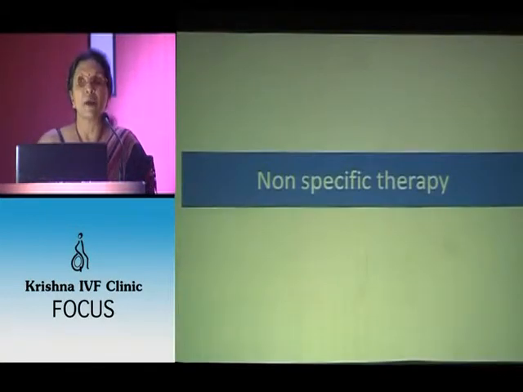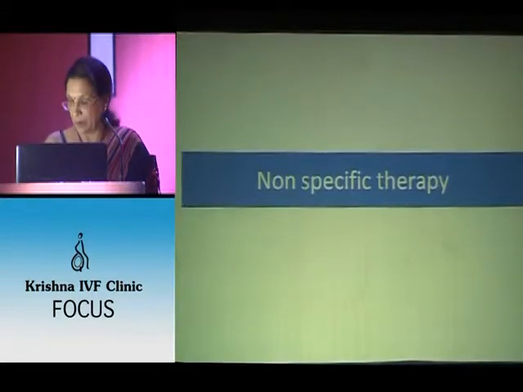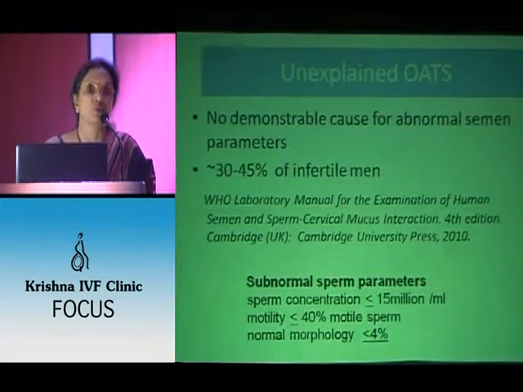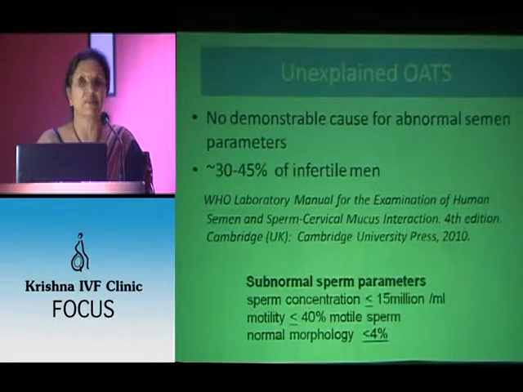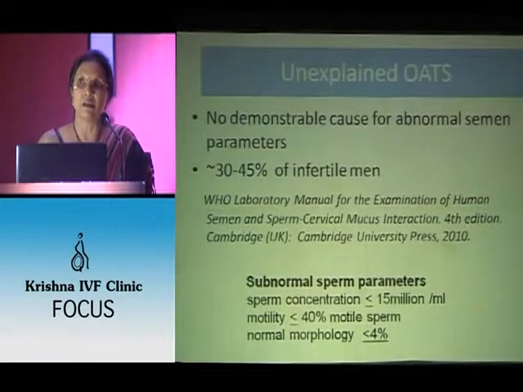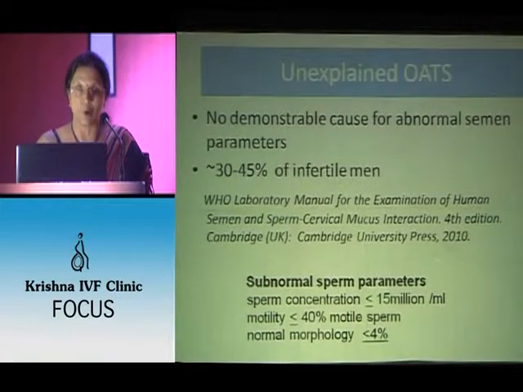So now I move on to the non-specific therapy. We've done the specific therapy for both conditions. Non-specific is given for unexplained OATS. We don't have a reason, we just do a semen analysis and we repeat it and repeat it, and we find that either the count or the motility or the structure is grossly abnormal.